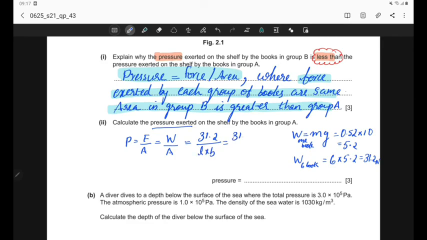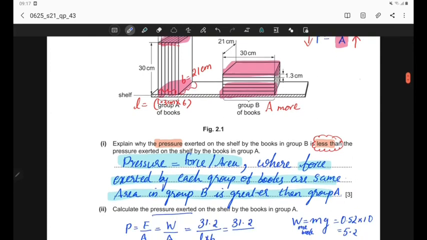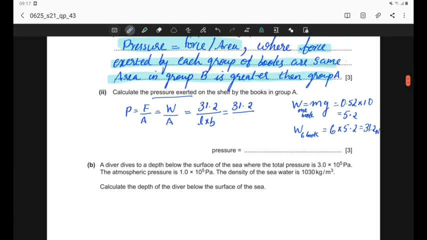So 31.2, that is the weight, the numerator, over length, which is 1.3 centimeter times 6, because the thickness of one book is 1.3 centimeter. Centimeter we need to convert into meter. So for 6 books you have to multiply with 6.